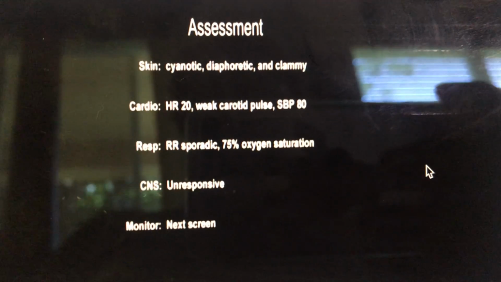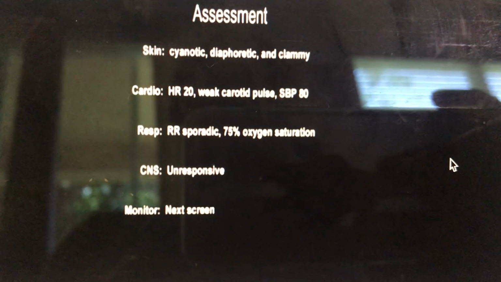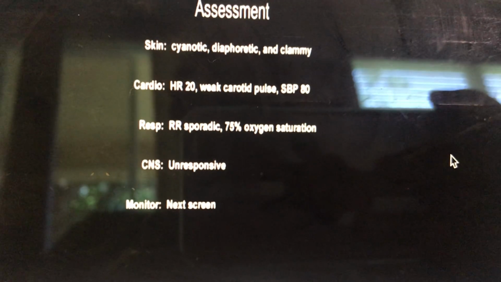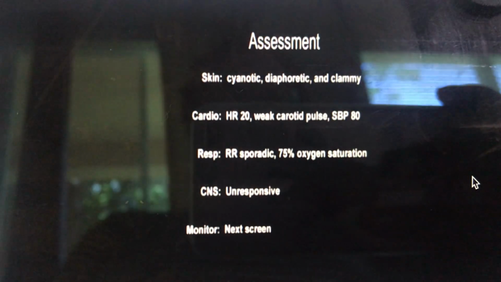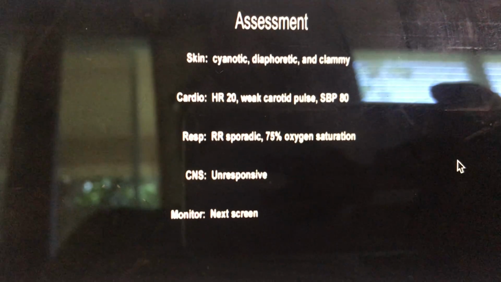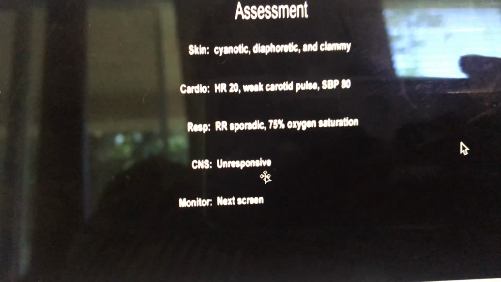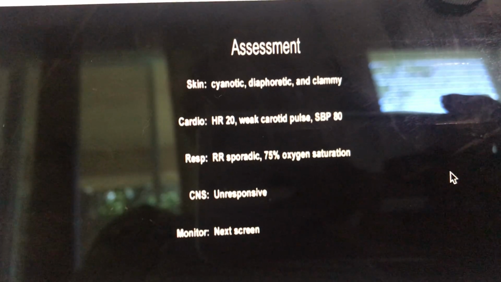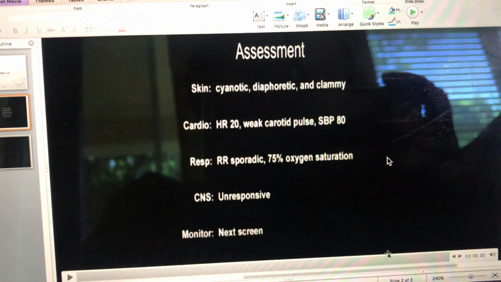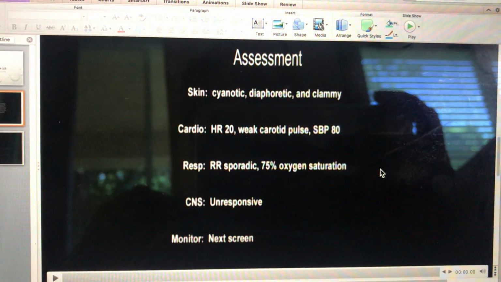I'm sorry, I'm on my laptop, so it makes it a little difficult to make it a little bigger. Is that better, Yarisa? How about that? SVP is 80.